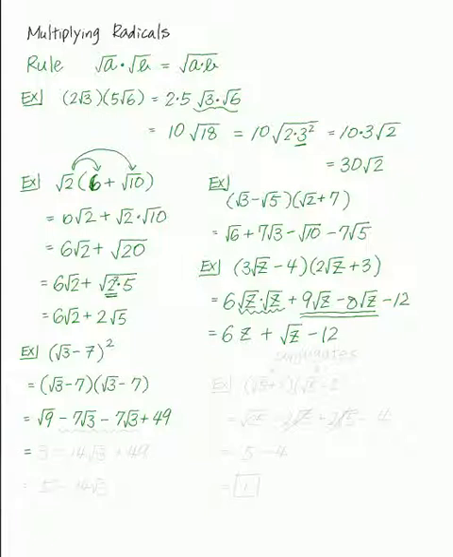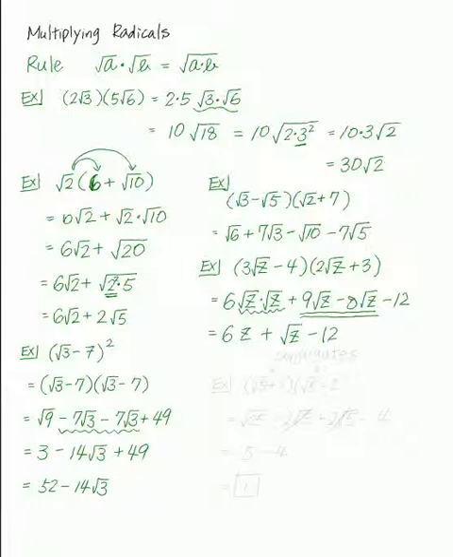Root 9 just becomes 3. Negative 7 root 3 minus 7 root 3 is going to give me minus 14 root 3, plus 49. And now I'm going to combine like terms, which is going to be the 3 plus the 49, to give me 52 minus 14 root 3.